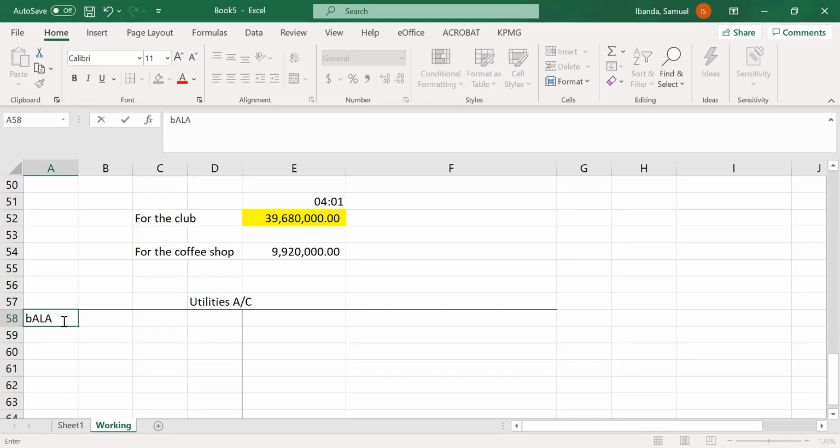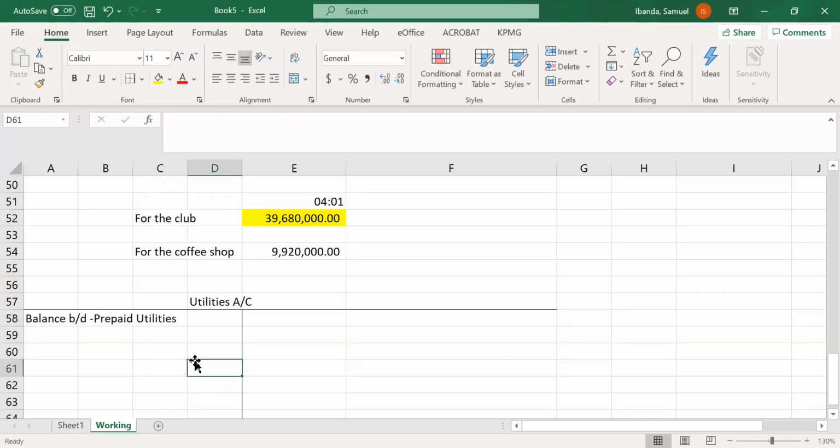So your balance brought down for utilities, prepaid, you can call it prepaid utilities.